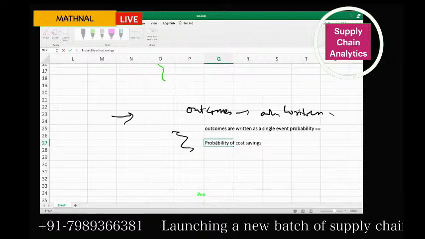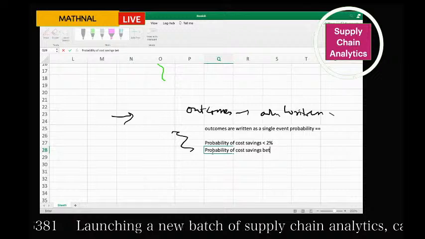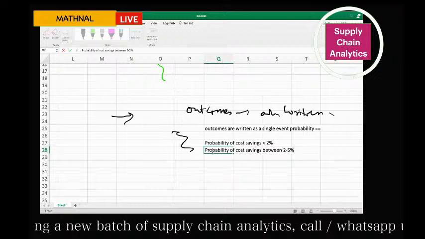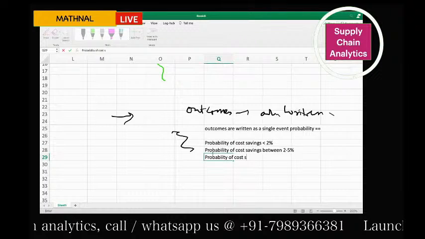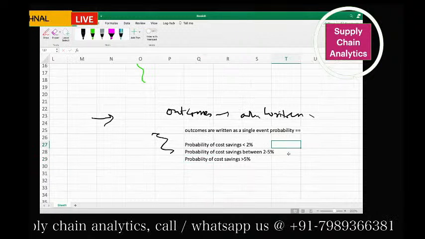The probability of cost savings for a new order, if you receive a new order, between 2 to 5%. And the probability of cost savings more than 5%. So this is what we will be writing over here, and we will have those values written over here.